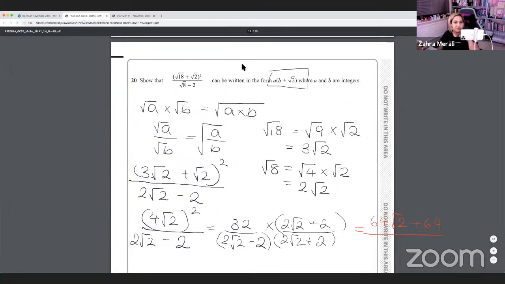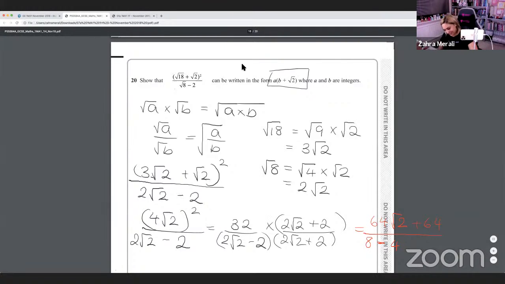And on the bottom, you've got a difference of 2 squares. So 2 root 2 squared gives you 8, and 2 squared is 4, so we get 8 minus 4, so 4 on the bottom.